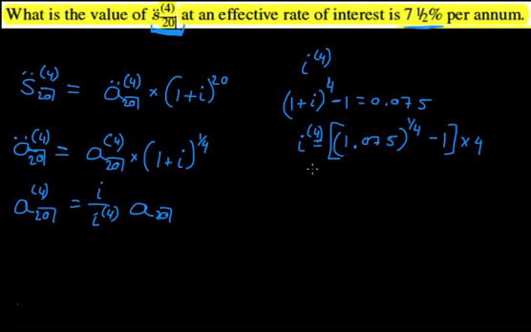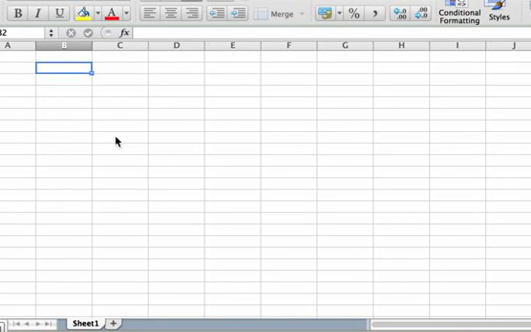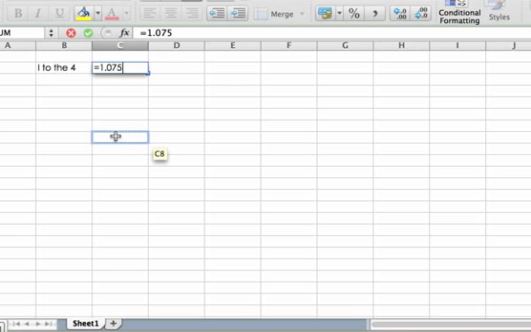So to find that out, we'll use Excel. So I'm going to just jump over to Excel and say that I to the 4 is equal to 1.075, actually I'll put it in brackets, 1.075 to the power of 0.25 minus 1, and that's all times 4.